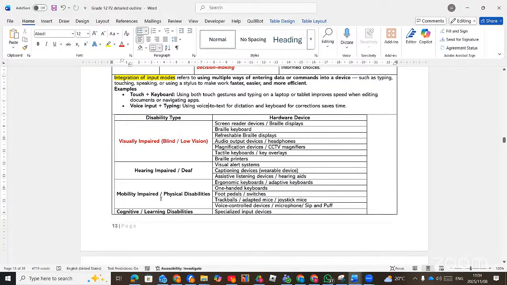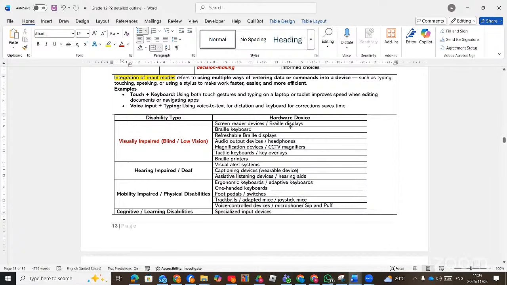Then the mobility or motor disability: ergonomic keyboard or adaptive keyboard. We have foot pedals or switches, trackballs, and then joysticks and adapted mice also. Voice control devices, microphone, or sip and puff.